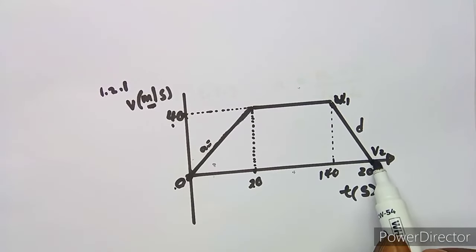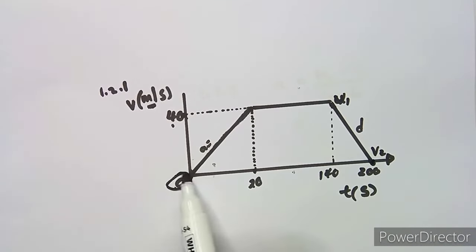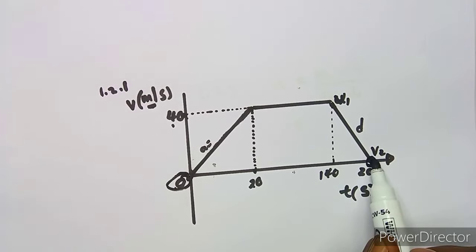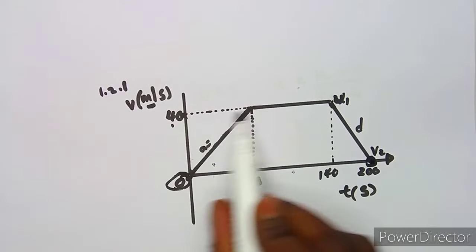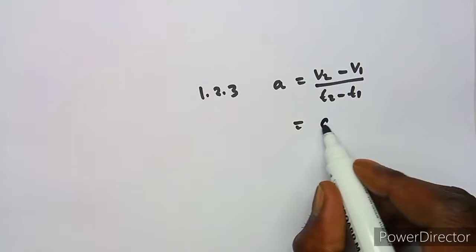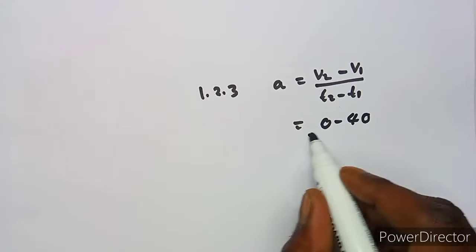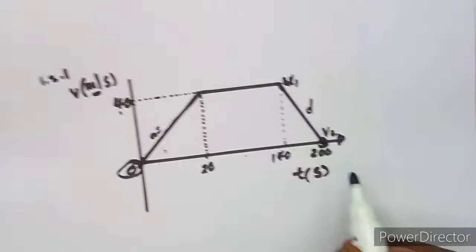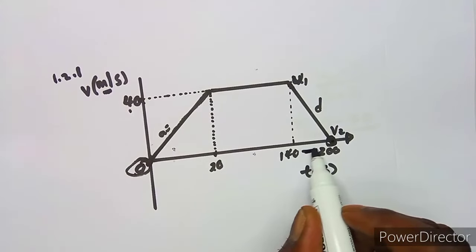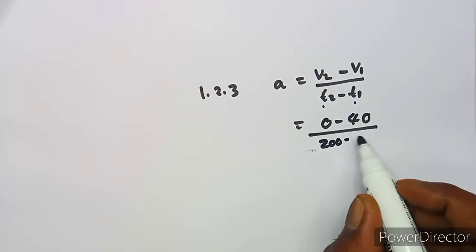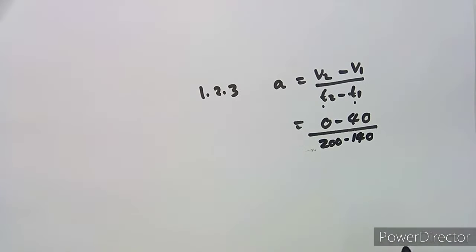Okay, so it's at this point, remember the velocity corresponds with the 0 because it's at rest. So that's 0 minus this velocity at 40. So that's 0 minus 40 over t2 minus t1, which is the difference between these two, 200 minus 140. 200 minus 140, like that.